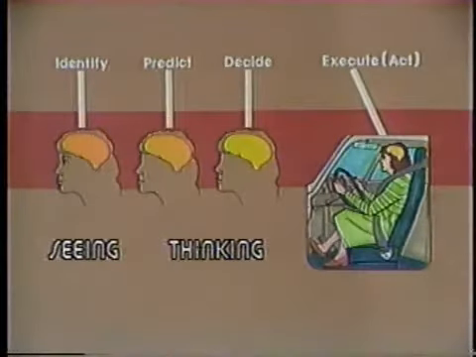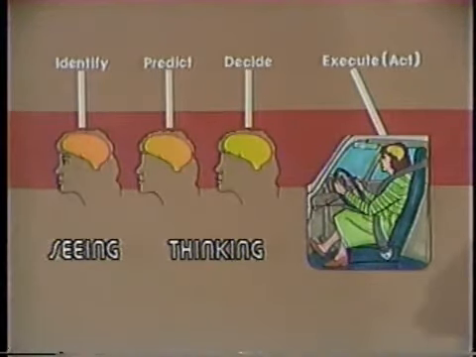The second thing is that it has to decide how to handle the situation if all these different occurrences happen. Then, once the brain makes that decision, the brain has to send the message down to the hands and feet on what to do, how to handle the situation.